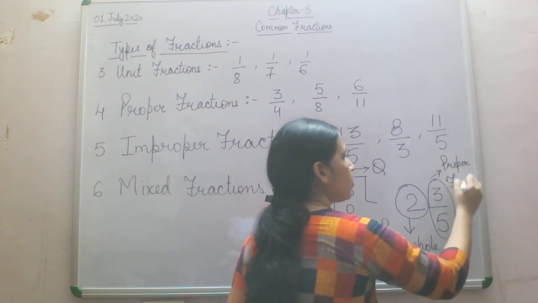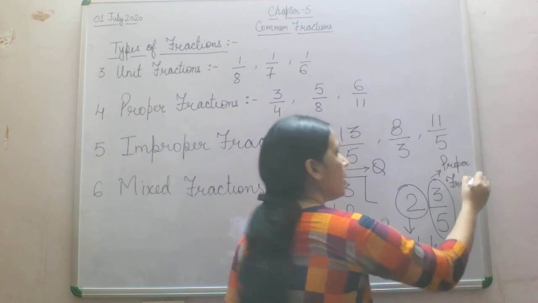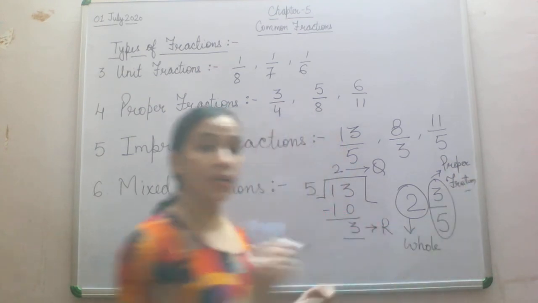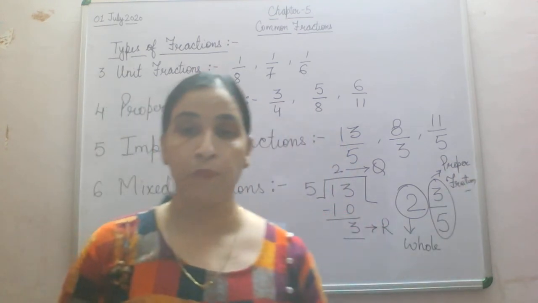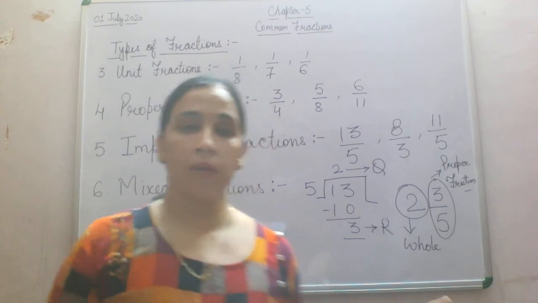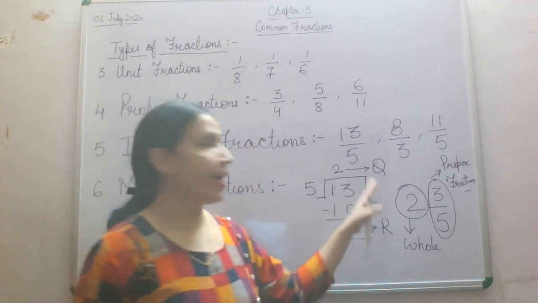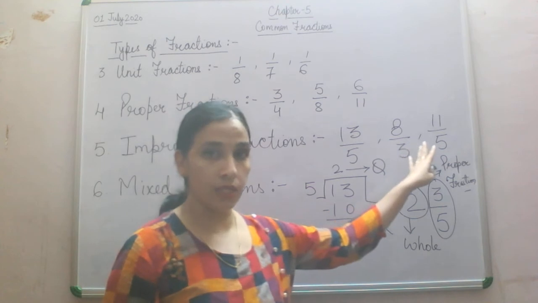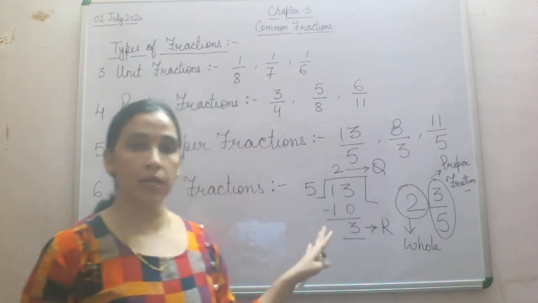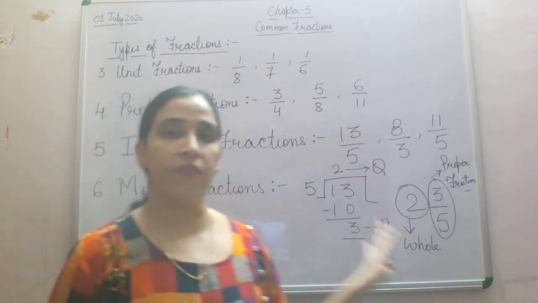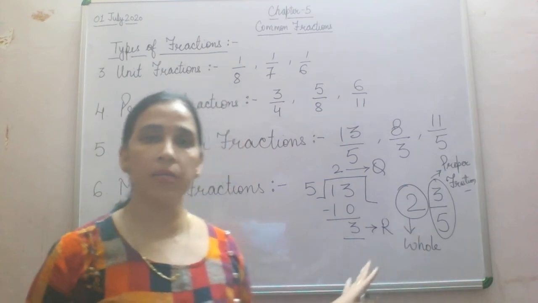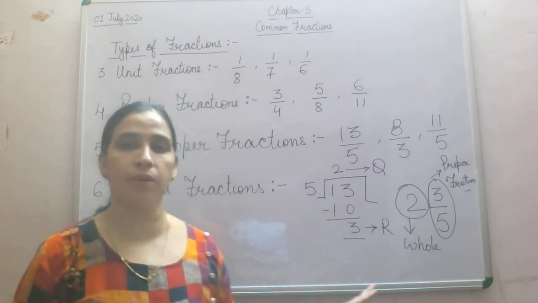This related question you have done in the exercise earlier. So we can divide any improper fraction and convert it into a mixed fraction, which sometimes we call mixed numbers also.